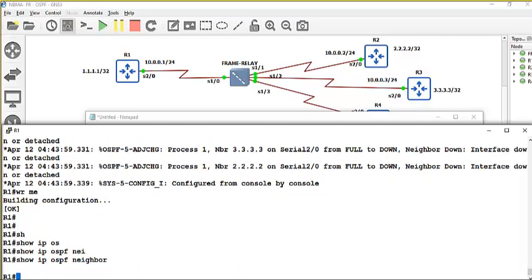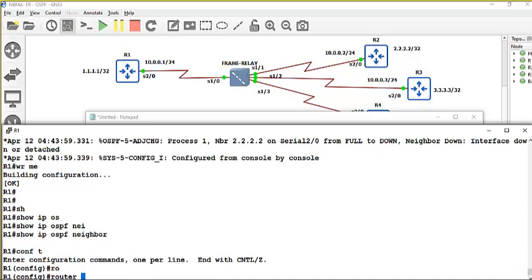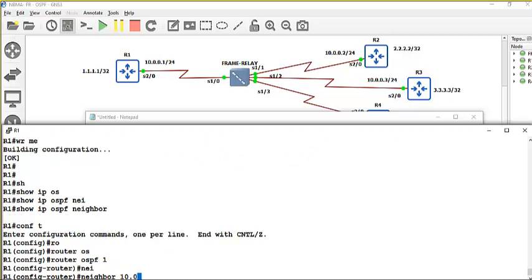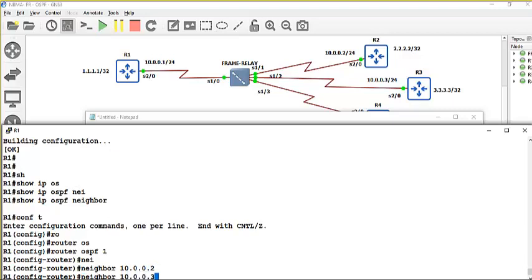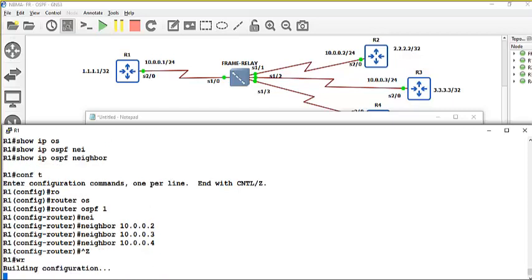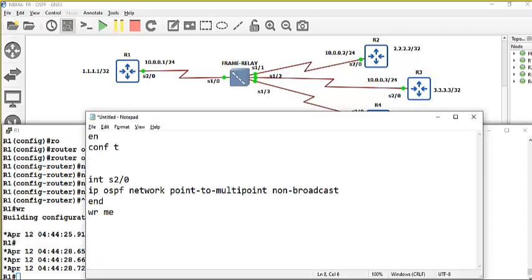So I'm going on router 1, router OSPF 1, neighbor is 10.0.0.2, 3 and 4. Likewise, I'll go to the other routers, router OSPF 1, neighbor is 10.0.0.1.